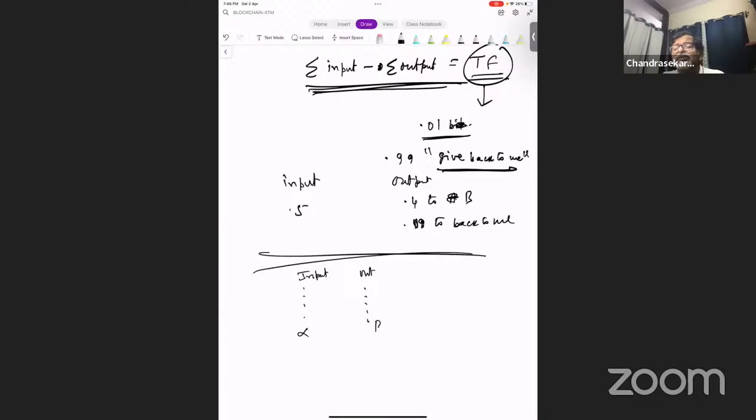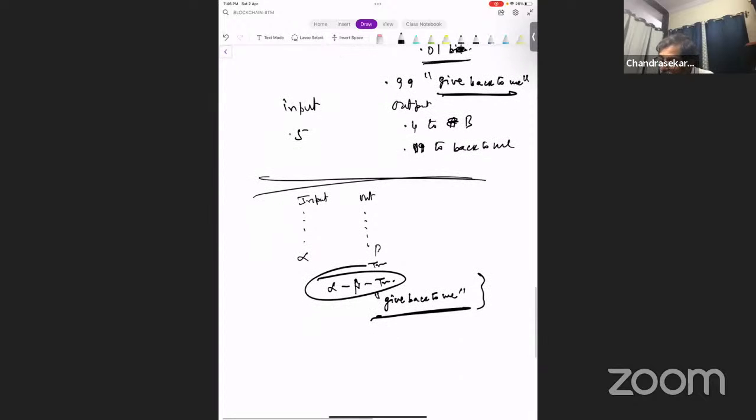In fact, most of the wallets will have a transaction fee calculator, which, when it is generating the body of the transaction, will have roughly the number of bytes, Satoshi per byte. A formula will be there, and accordingly it will calculate and reserve that much money for the transaction fee, and generate one more output, alpha minus beta minus transaction fee, as the balance given back to me.